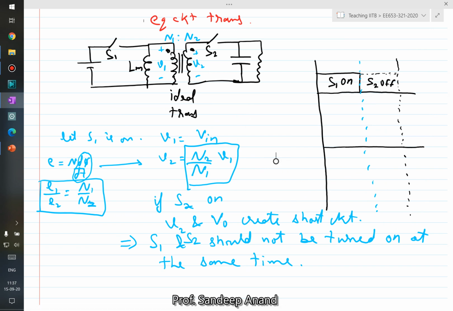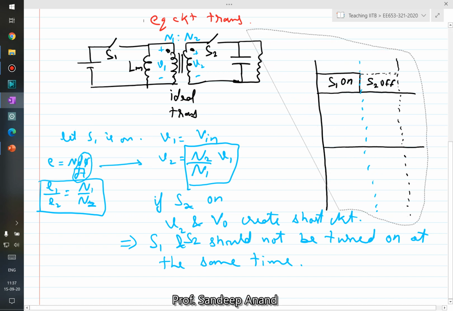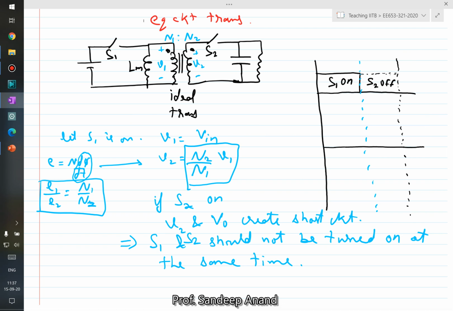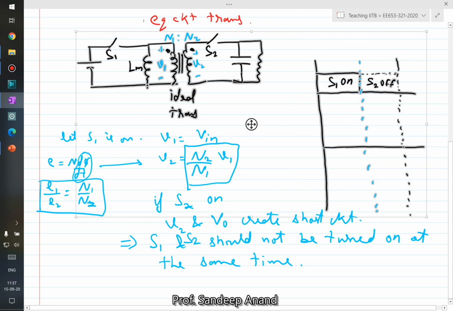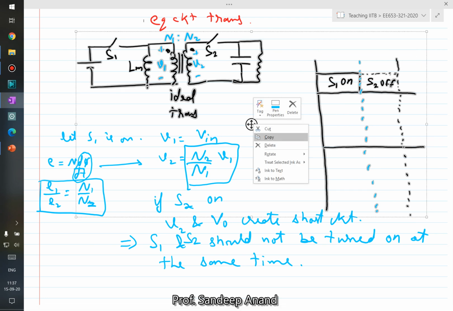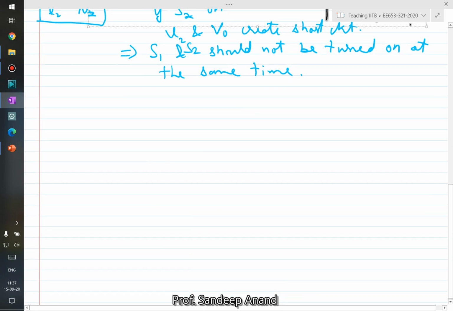Right, sorry, I have to do it again. I could have probably drawn it by this time, but let me just give it a last try. Okay, nice, finally it worked.